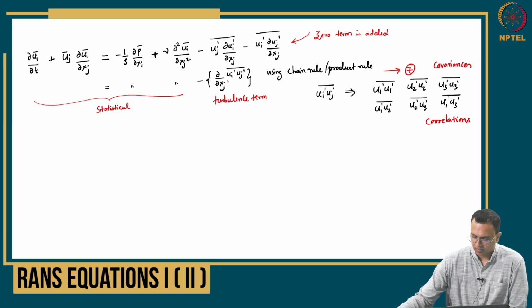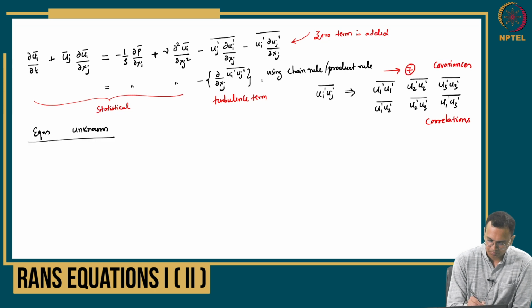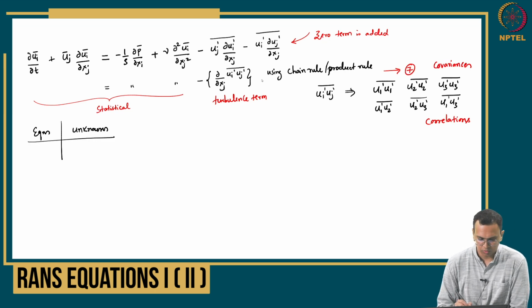Before we go ahead and look at how this can be solved, first let us see whether these equations are closed, okay? So how many equations we have and how many unknowns? We have in total 4 equations here.